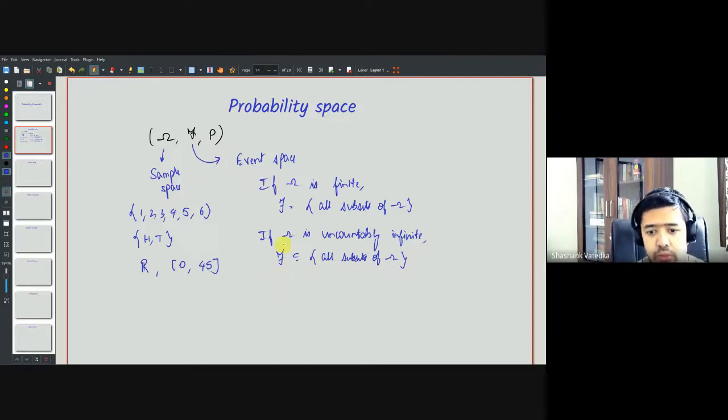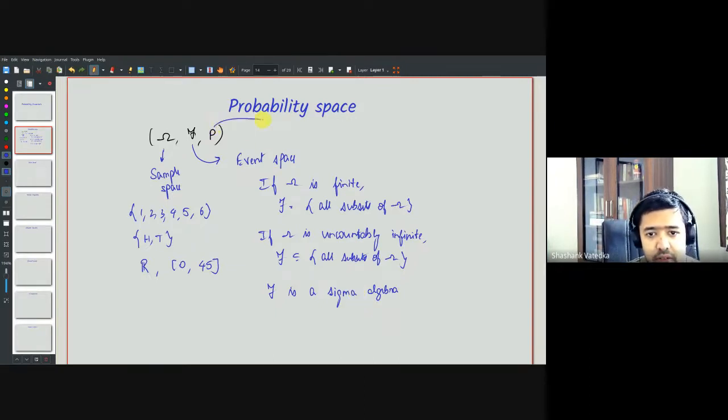Okay, so the event space is the set of all possible events that we're interested in, and more formally, you would have seen that the event space must be a sigma algebra. Right. So it's a collection of subsets of omega which satisfies a bunch of properties.